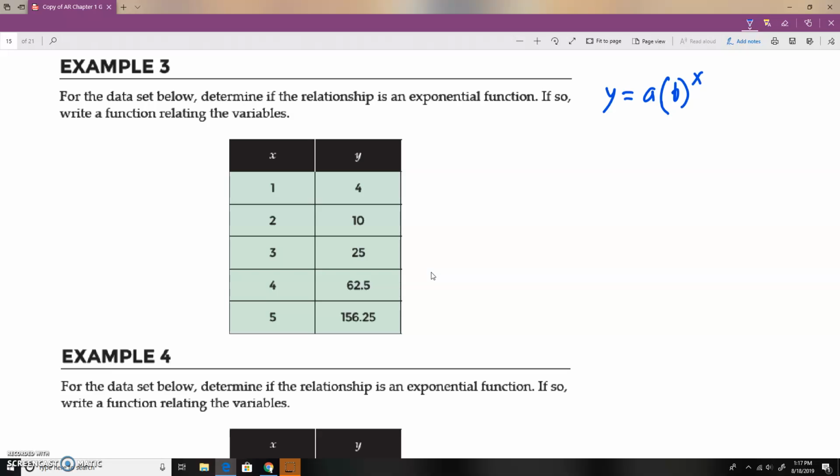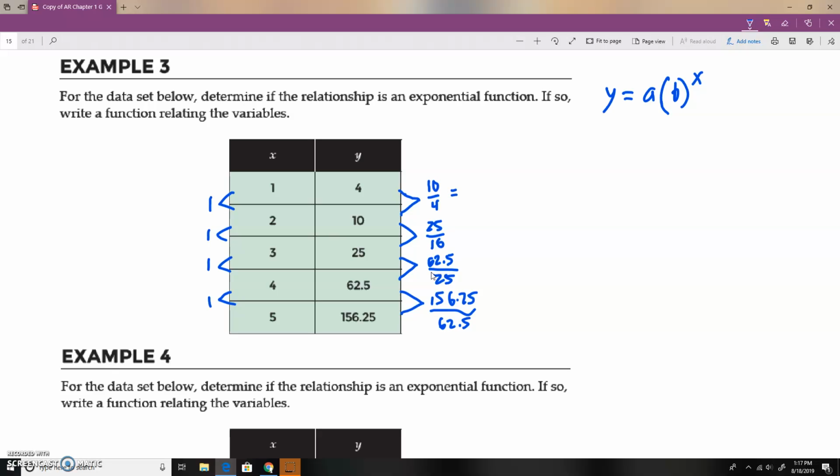First thing we need to look at is our change in x each time. And our change in x is 1 each time, so we're good there. Now let's look at our ratios of our y values. We're going to do 10 over 4, 25 over 10, 62.5 over 25, and 156.25 over 62.5.